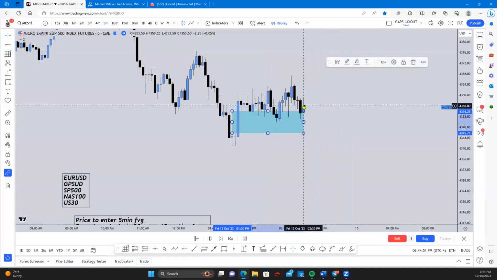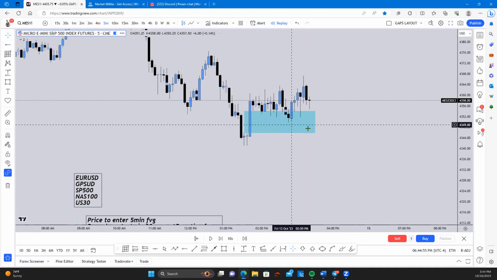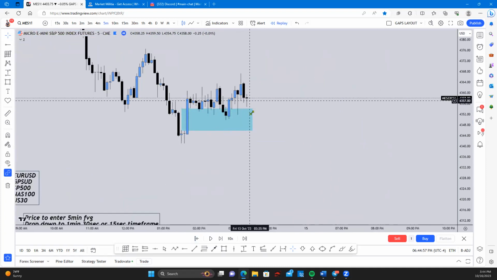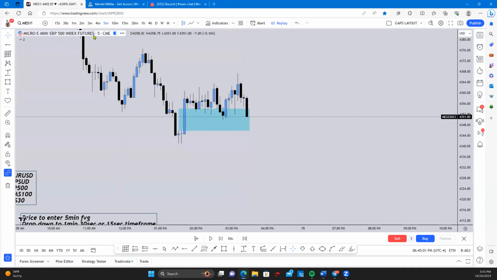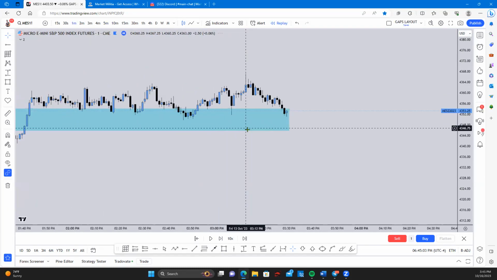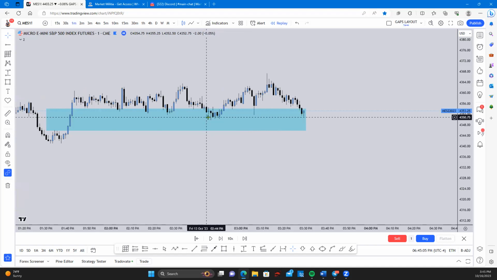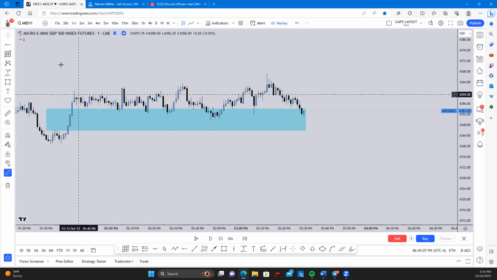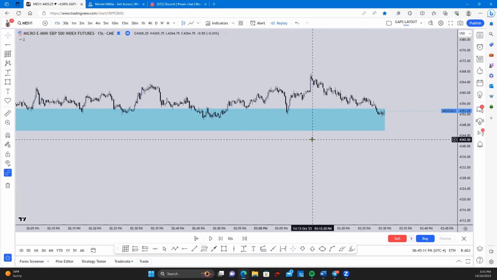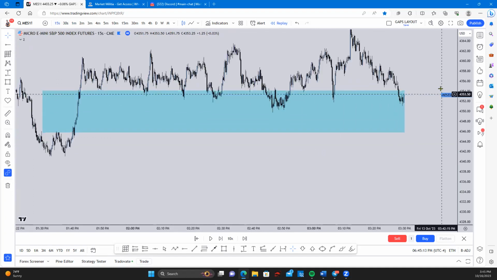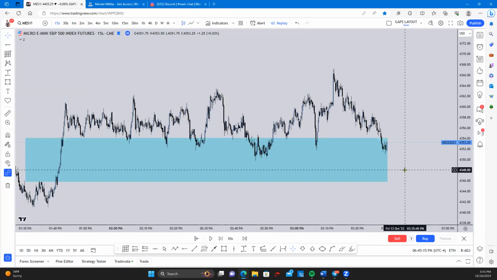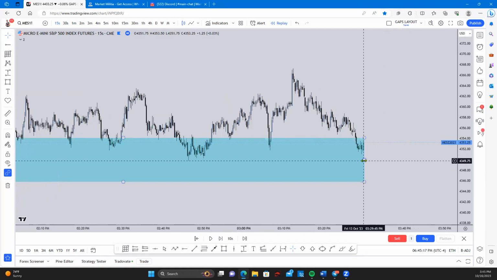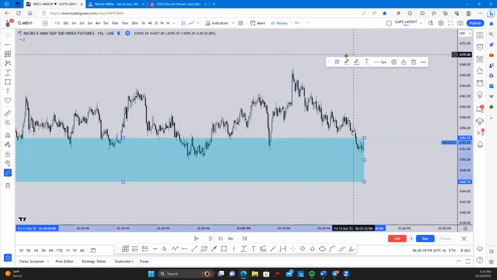When we drop down here, we were respecting it. Once we start trading in there, you can drop down to the 1 minute if you wanted to, or what I did was drop down to the 15-second time frame, since we're inside of this 5-minute fair value gap.